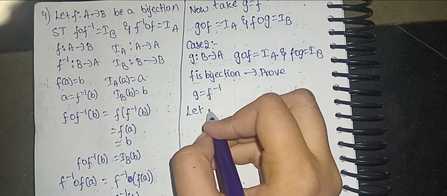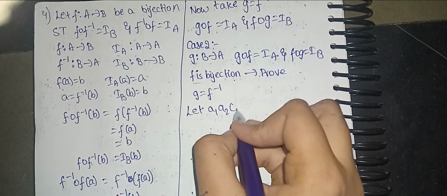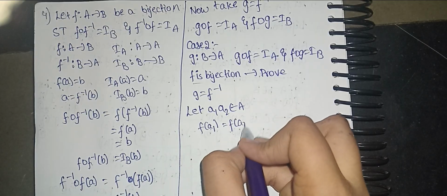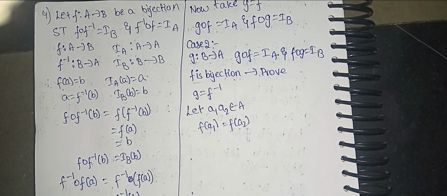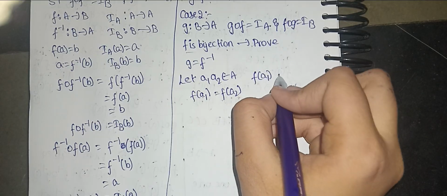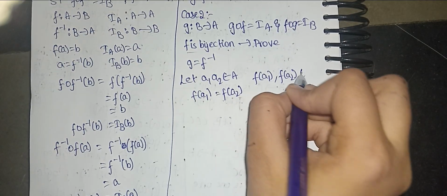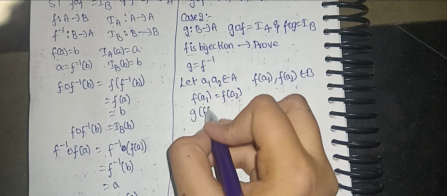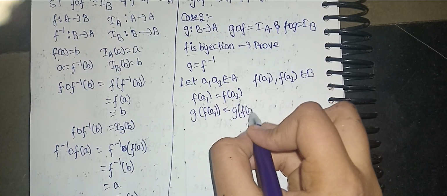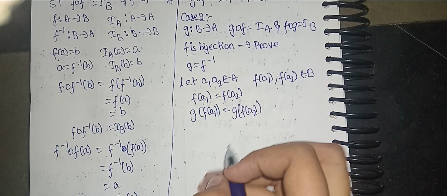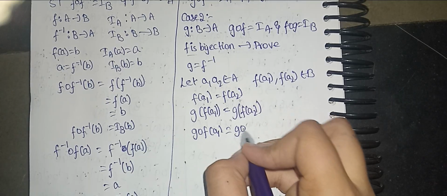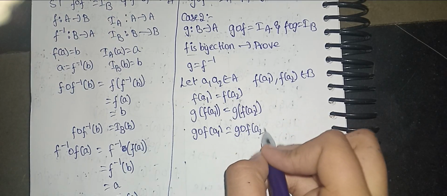Let a1, a2 belong to A, and f of a1 is equal to f of a2. Here f of a1 and f of a2 belong to B. Then g of f of a1 is equal to g of f of a2, means g circle f of a1 is equal to g circle f of a2.